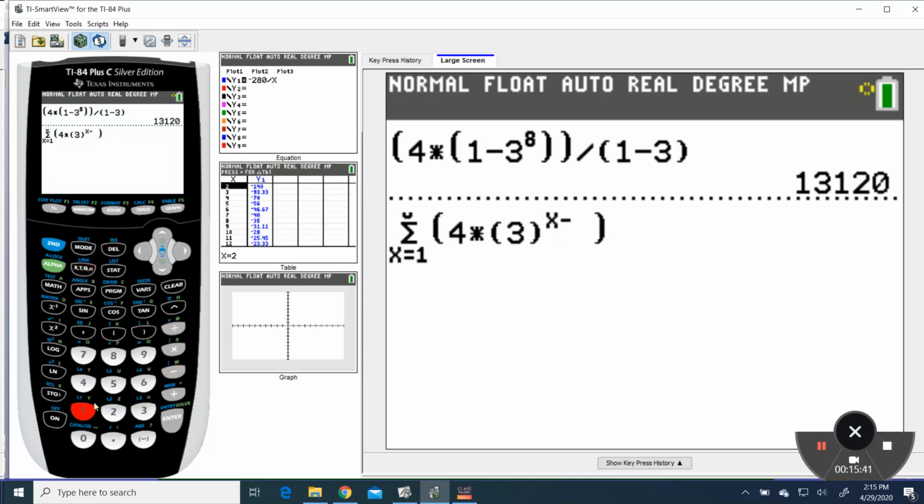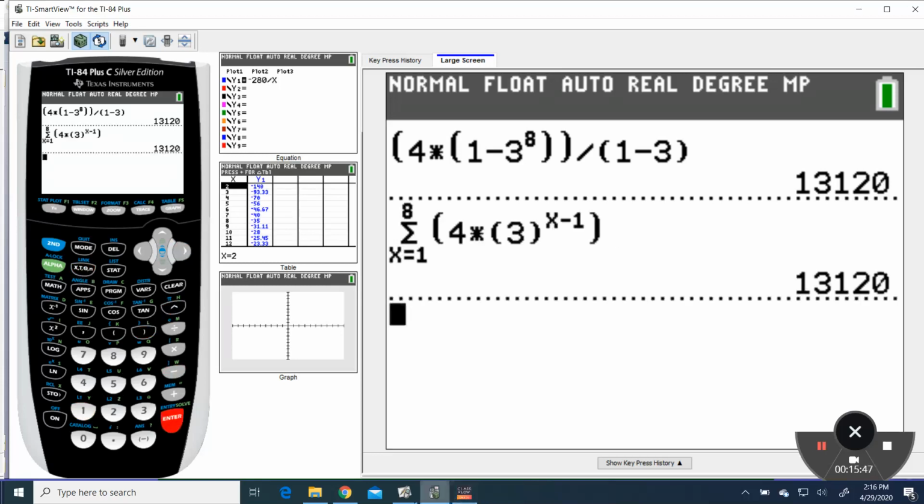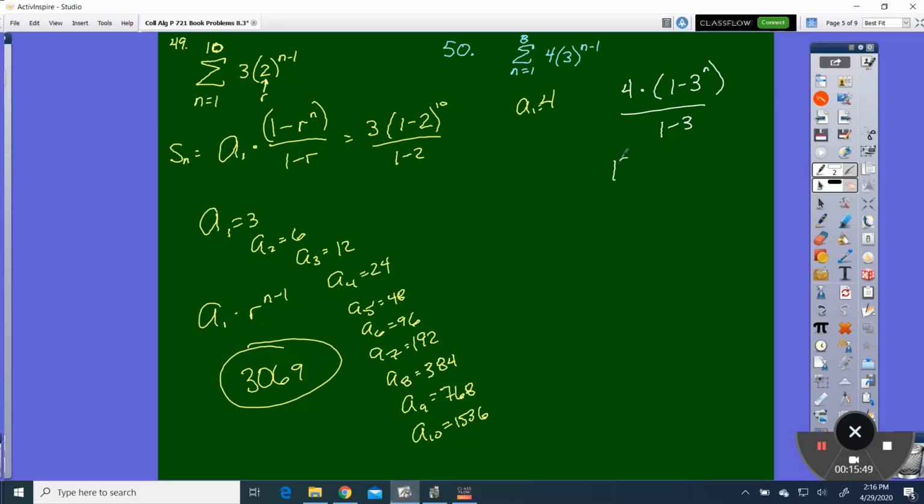X minus 1. There we go. And I get the same answer. Okay, so that's both methods on how to do that problem.